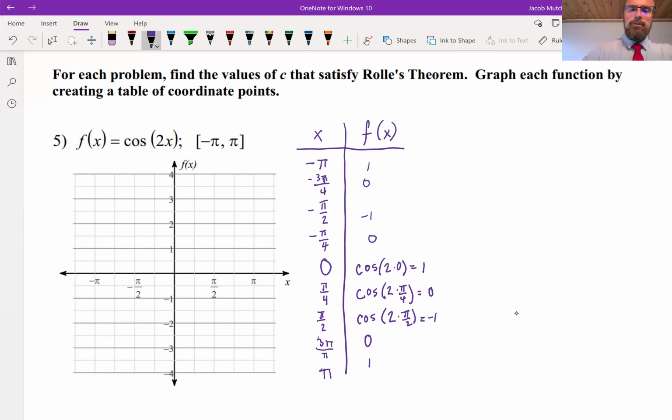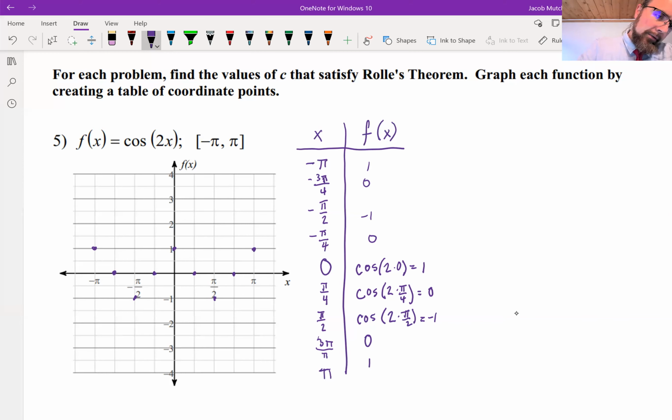Let's plot that function. So at negative pi, we've got a value of 1. At negative 3 pi over 4, it's at 0. Negative pi over 2 is negative 1. Negative pi over 4 is 0. 0 is 1. Pi over 4 is 0. Pi over 2, negative 1. 3 pi over 4, 0. Pi, 1. And we can plot our function.